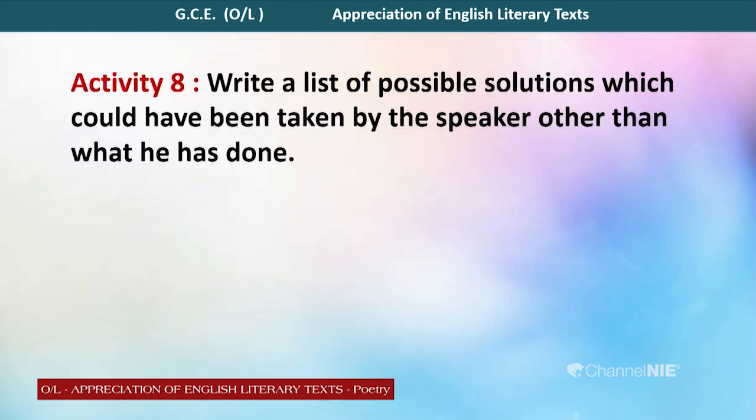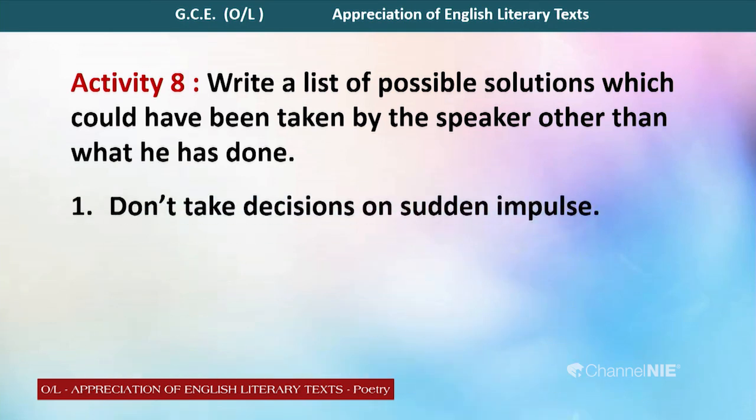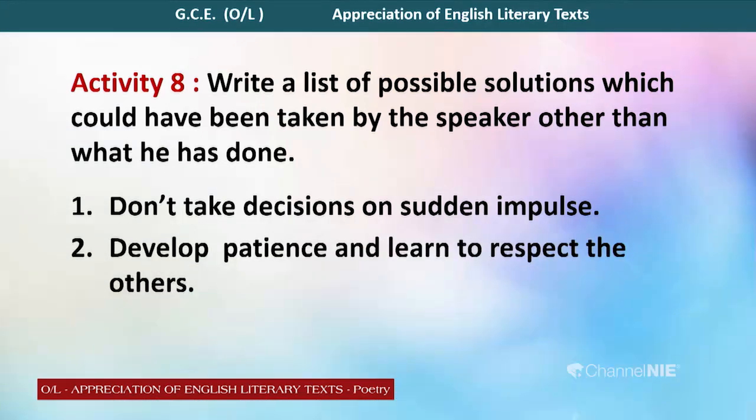Well, again, I need you to think about possible solutions that the speaker could have taken to avoid such situations. For instance, these things you should keep in mind: not to take decisions on sudden impulse. So, he or we should not take decisions on sudden impulse.